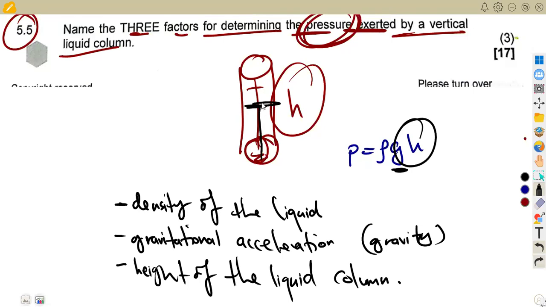If you covered 5 meters, if you covered 2 meters, so this height of the column is supposed to be in meters. Remember that density is kilograms per cubic meter, and our gravitational acceleration is given as 9.8 meters per square second. So these are the units. So that's it, 3 marks for that.